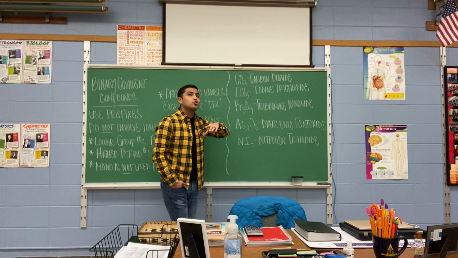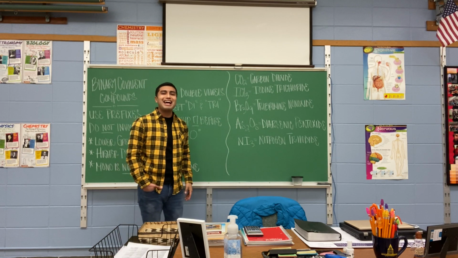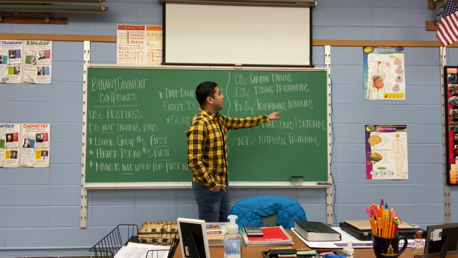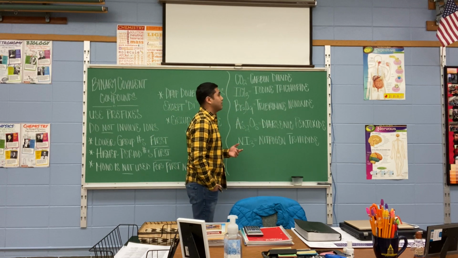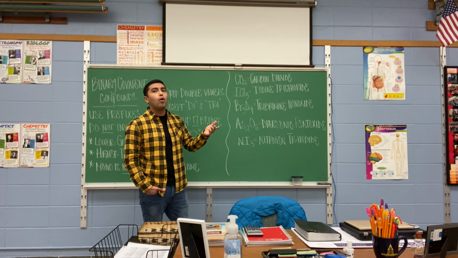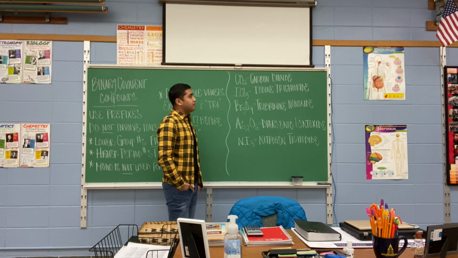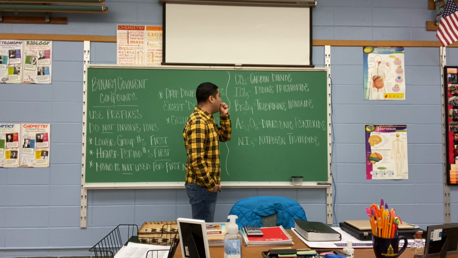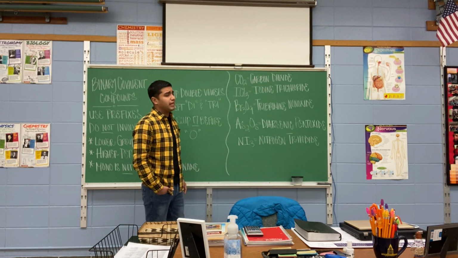Now, if you look at your chart, you'll notice that the prefix for 9 is nona, N-O-N-A. But because there's already an O for oxygen, you're not going to put nonaoxide. It's too many vowels. You're going to drop the first vowel, you're going to drop the A, and you're going to add O to the beginning of it.